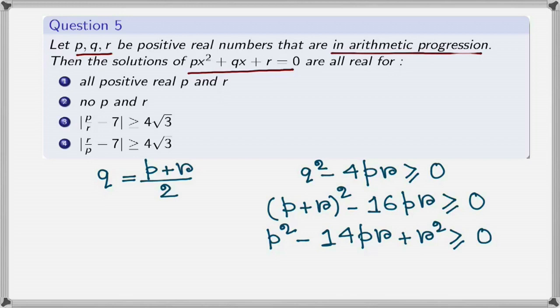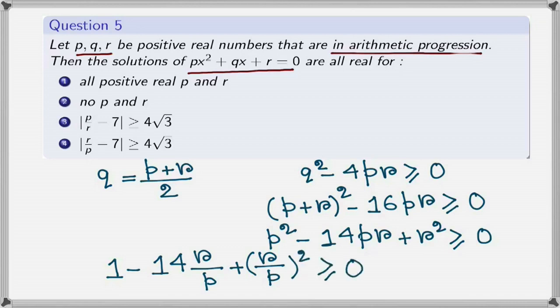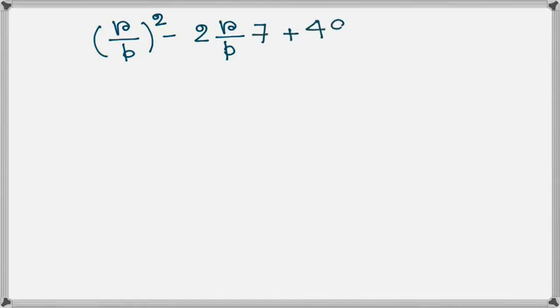Now since p is a positive real number, we know that p is non-zero. So therefore we can divide this inequality by p² and we obtain 1 - 14(r/p) + (r/p)² ≥ 0. We now rewrite this inequality as (r/p)² - 2(r/p)(7) + 49 ≥ 48.